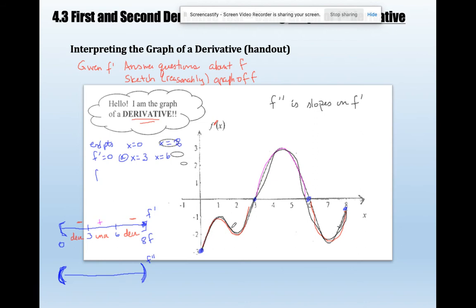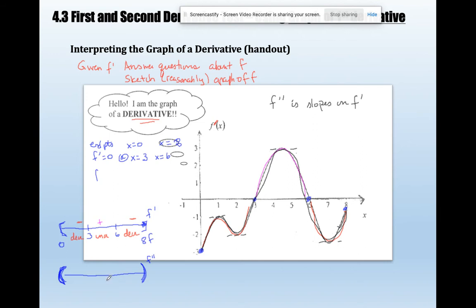Yes, the slopes on this graph, right? The second derivative describes the slopes on f prime. So where are the slopes on f prime equal to 0? The slopes on f prime are equal to 0 at those places.